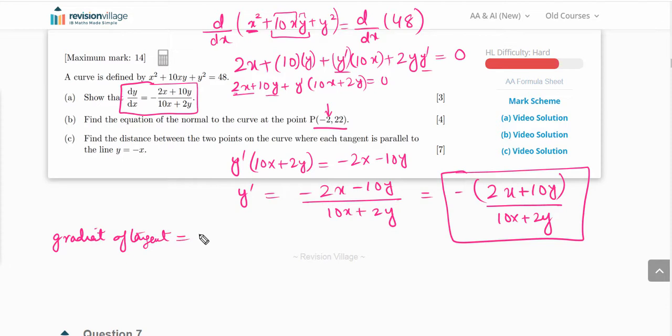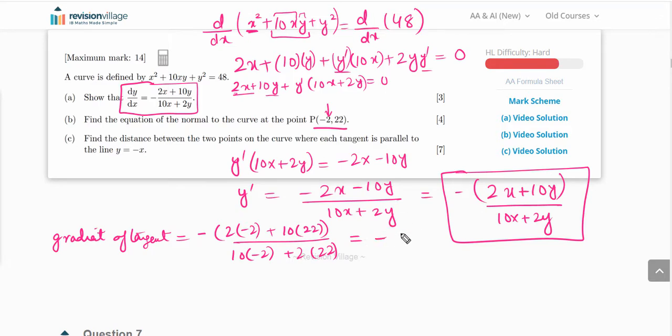The gradient of the tangent will be equal to negative 2 times negative 2 plus 10 times the y coordinate, that is 22, divided by 10 times negative 2 plus 2 times 22. I'll just solve it and work out my gradient of the tangent.